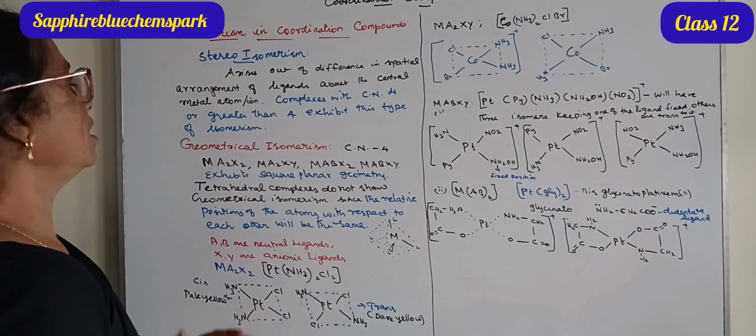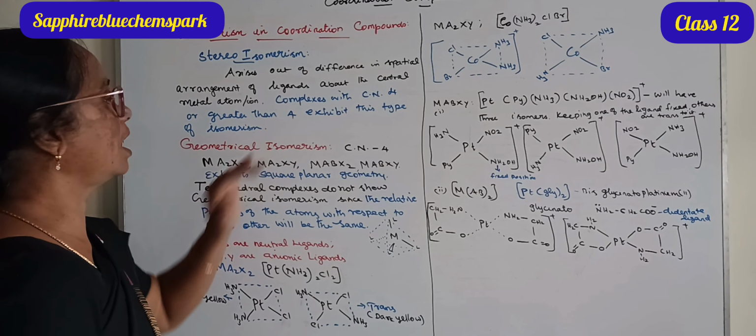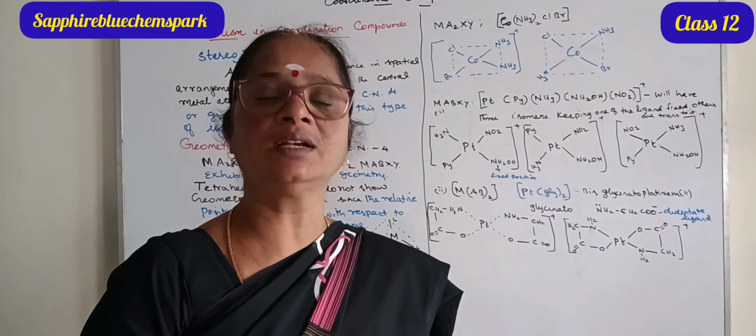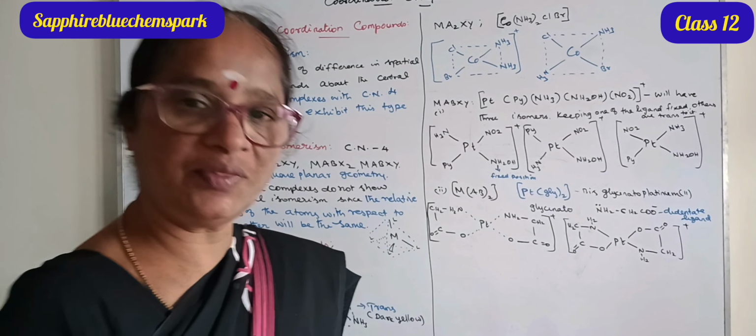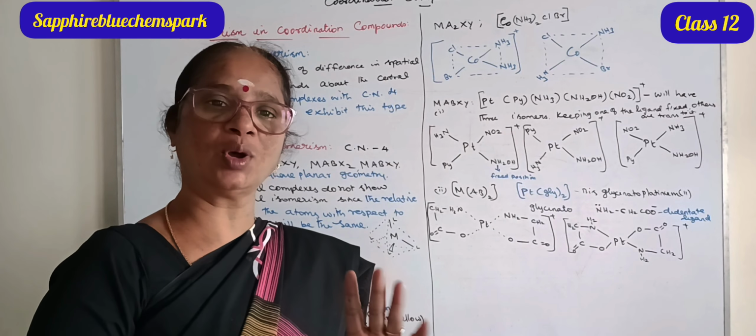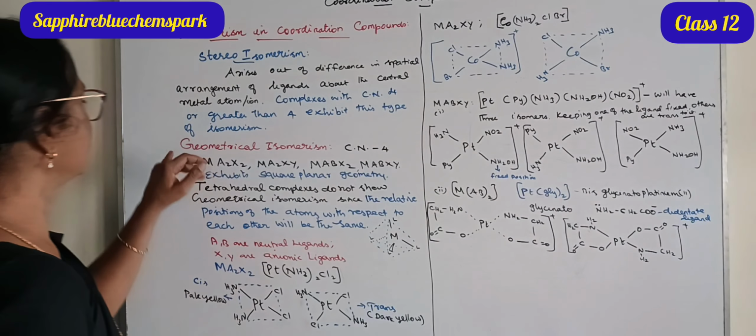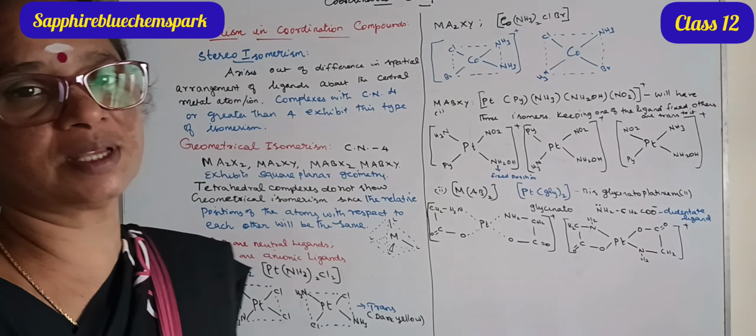So first of all, let us find geometrical isomerism. Such isomerism can be exhibited only by complexes having coordination number 4 or greater than 4.